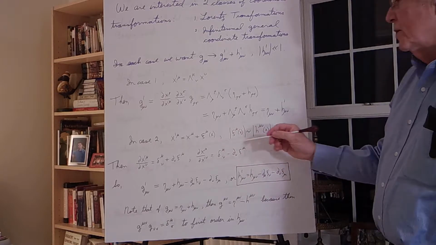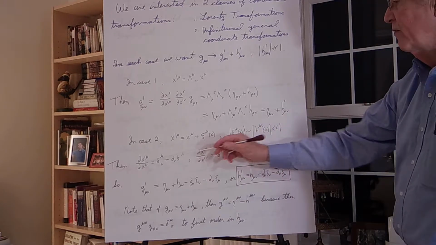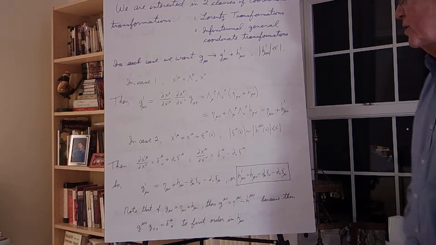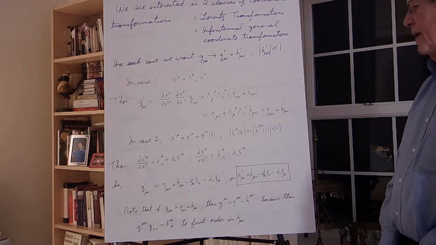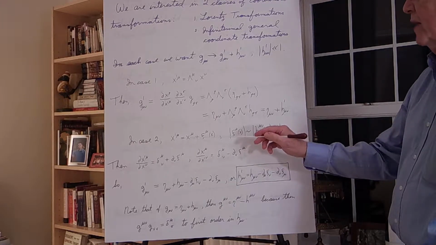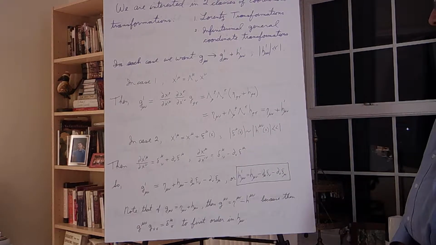Okay. Well, so if x prime is equal to x plus chi, then I can differentiate this expression and tell you how these derivatives depend upon chi. Chi is the deviation of x from x prime. It has to be small, as stated here.